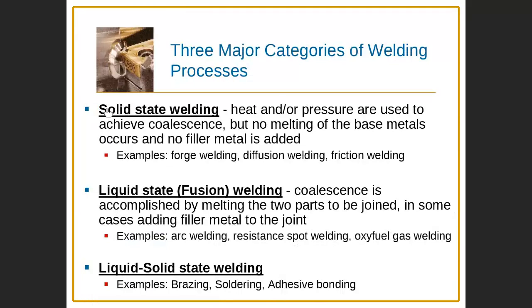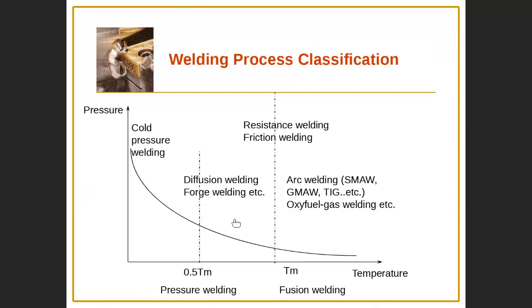This is the description of solid state welding, liquid state welding, and solid liquid state welding, as we discussed earlier. Then you can see this is the relation in a welding process between the pressure and temperature. This is the melting temperature, and this is 0.5 of the melting temperature.